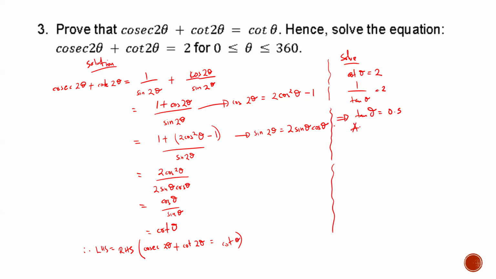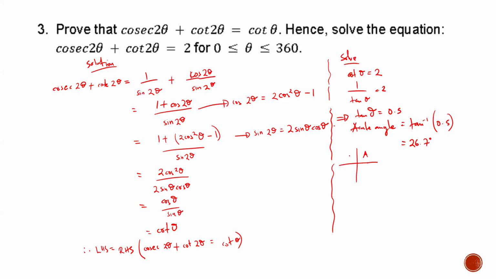So we're going to find the acute angle corresponding to that, and that is the tan inverse of 0.5, which is 26.7 degrees.